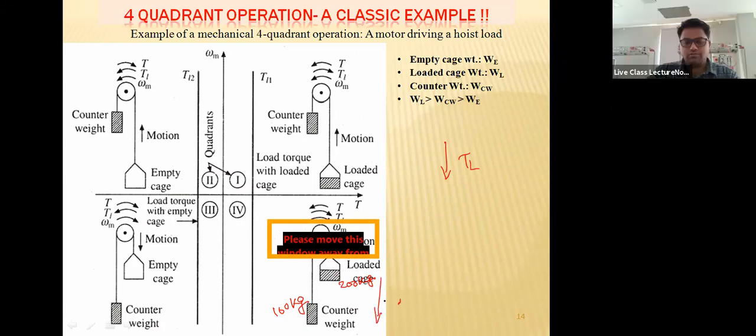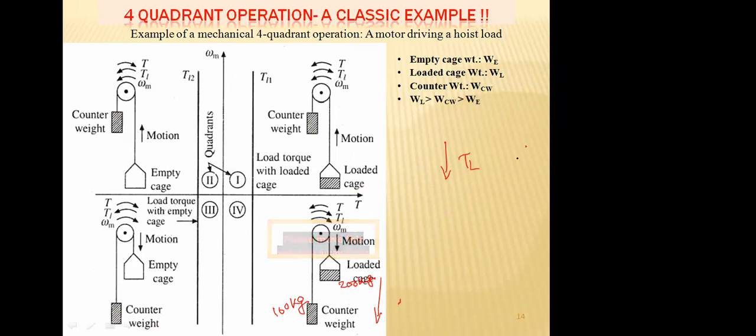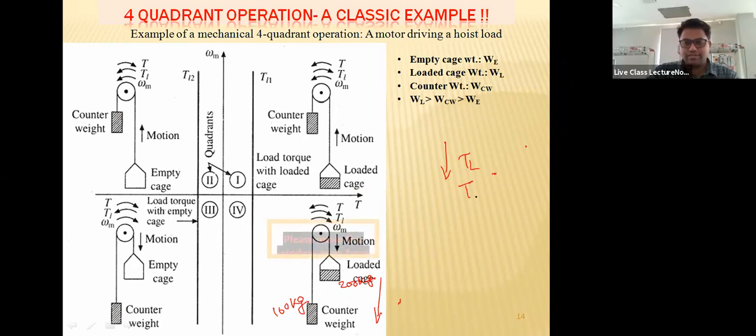All the students may seem like they are trying to fall down, right? So the motor has to pull them up in some way, but it will obviously create a force that is less than TL. So T generated will be less than TL, so that they descend slowly, right? Let me go to a white screen.